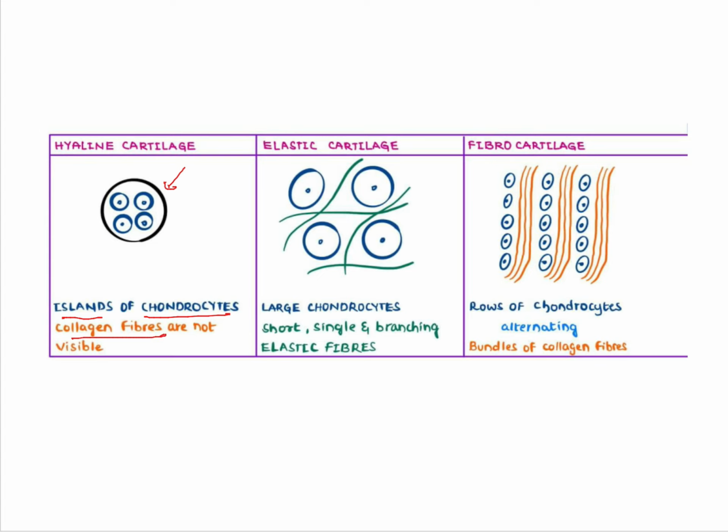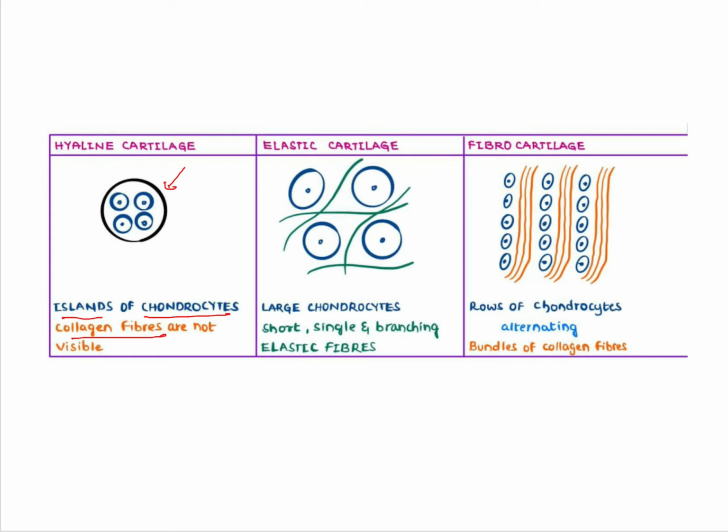Actually the collagen fibers are present in the hyaline cartilage, but their refractive index is similar to the background matrix, and that's why they are not visible on staining. So the identifying characteristic of hyaline cartilage is islands of chondrocytes with the collagen fibers not visible.